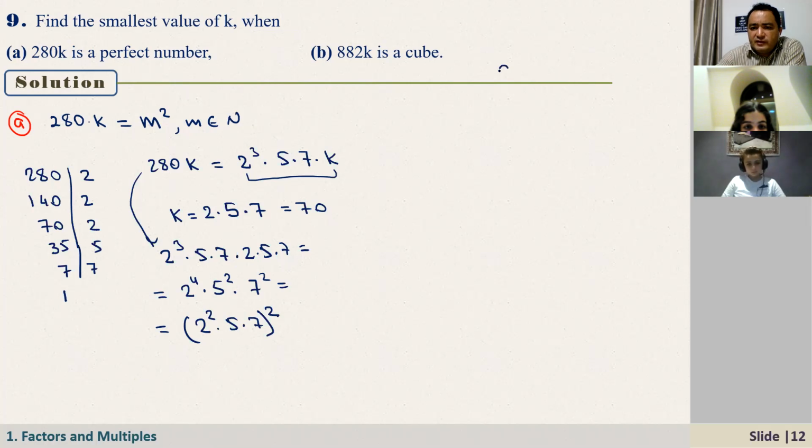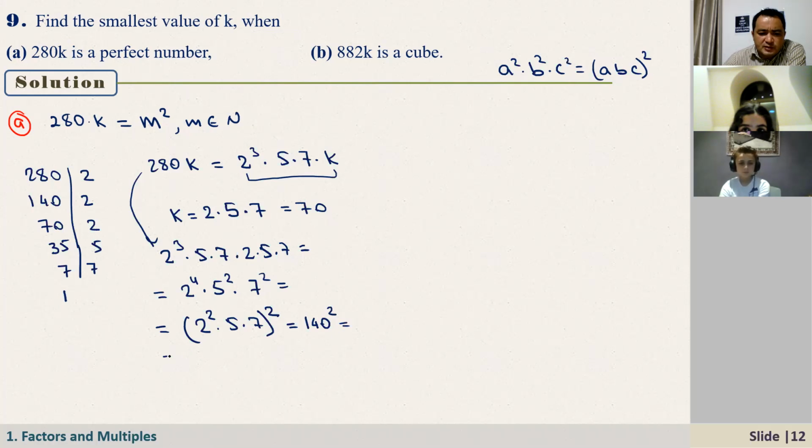Because we have a squared times b squared times c squared, we can write it as a times b times c, all squared, since the index is the same. So 2 times 2 is 4, 4 times 5 is 20, 7 times 20 is 140. So that's equal to 140 squared.